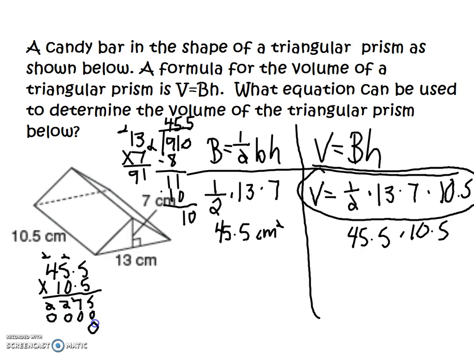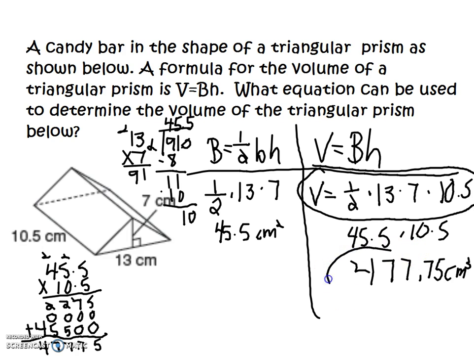Put 2 placeholders. 1 times 5 is 5. 1 times 5 is 5. 1 times 4 is 4. Add it up. We have 5, 7, 7, 7, 4. 1D plus 1D is 2D. So we have 477.75 centimeters cubed.